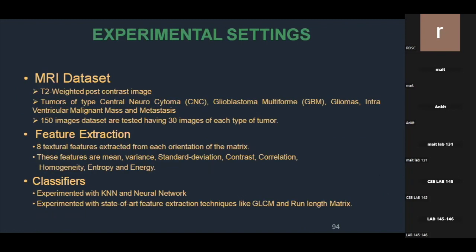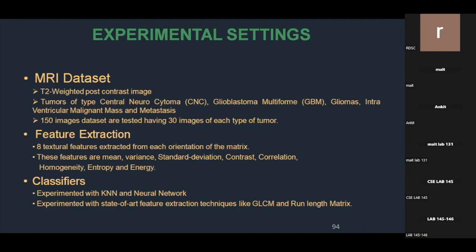Using these values, we have identified a set of 5 classes of brain tumors, T2 weighted post contrast images, 150 images in the data set, a small data set. That's why we are going to use only machine learning. All these images are real patient images which have been taken by me only from the SMS Medical College Jaipur, which is associated with this project.